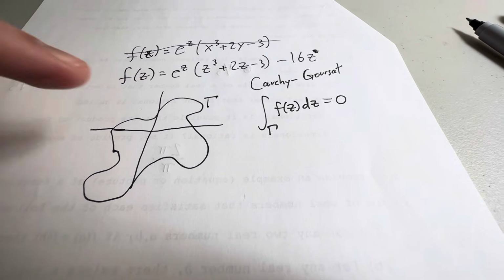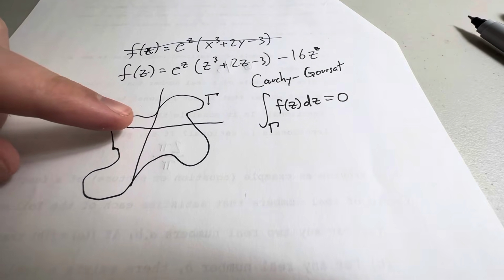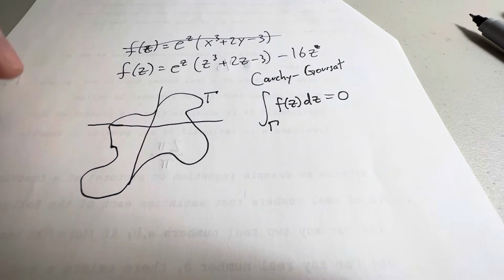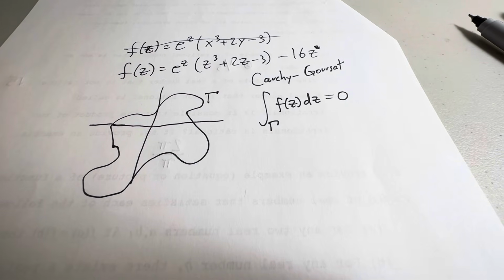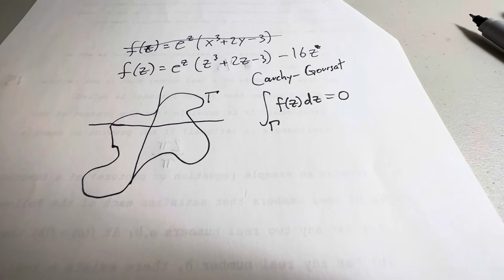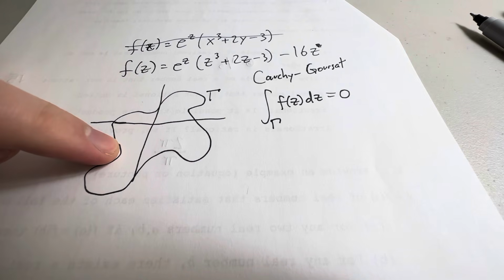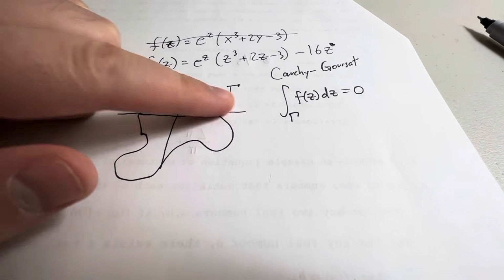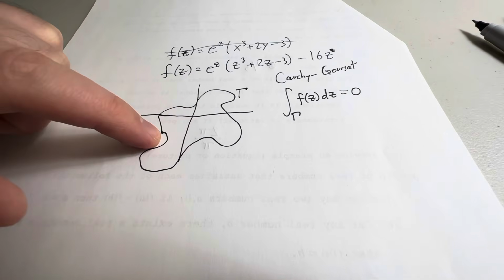Because if you think of gamma as your analog to the interval from calculus, you start at one point of the interval or on this curve, and then you wrap around, and eventually you return to where you start.